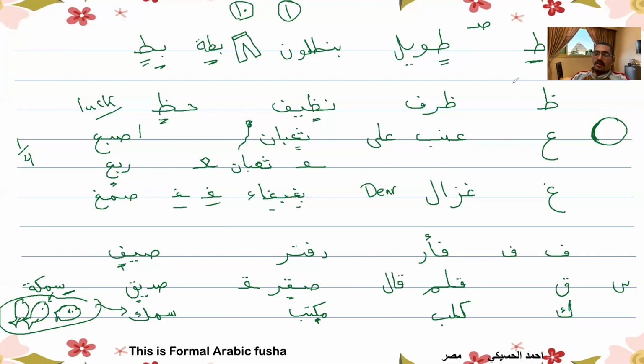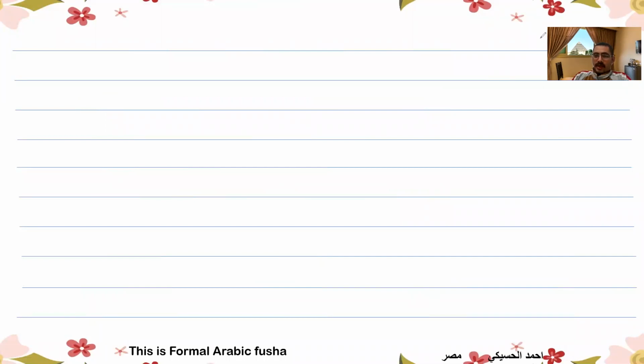So after kaf we have lam. Lam isolated has this curve, like I said, underline. In the beginning, as in the word milk, called laban.